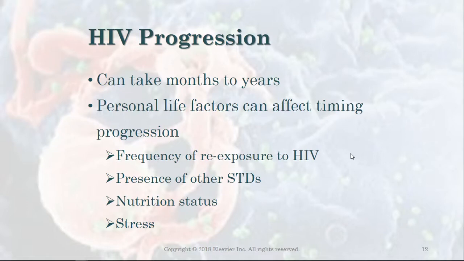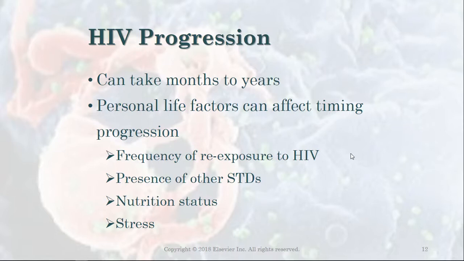So too, if they were transfused with HIV contaminated blood, or if they've been re-exposed to HIV. So in the instance of a person who is a sex worker, or their partner is HIV positive, and they're constantly re-exposing themselves to that status.